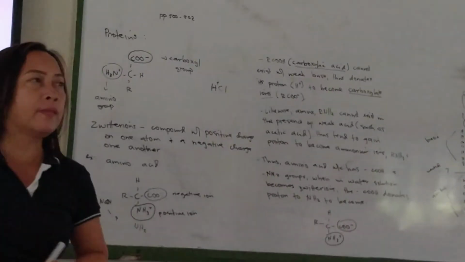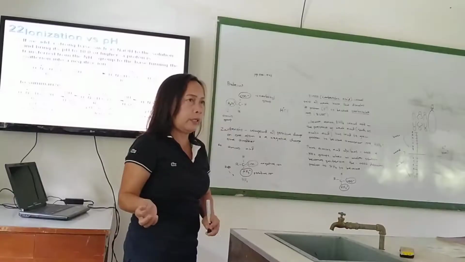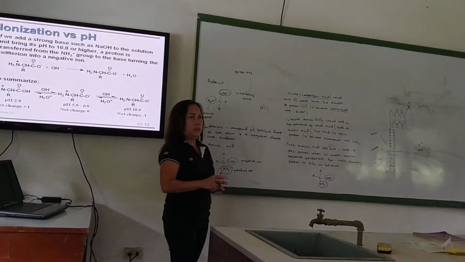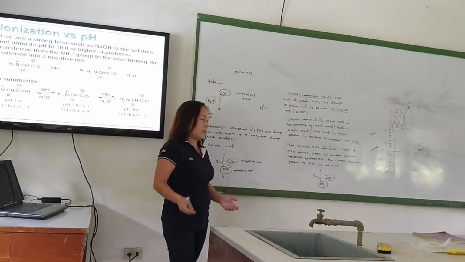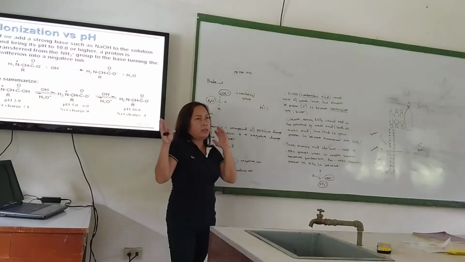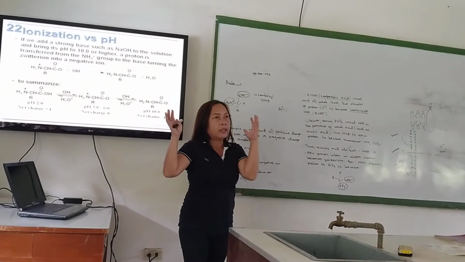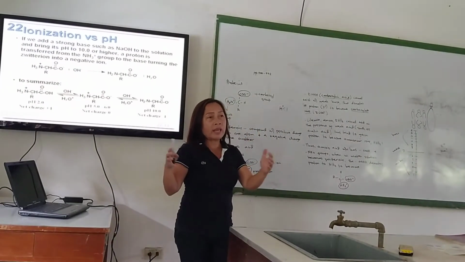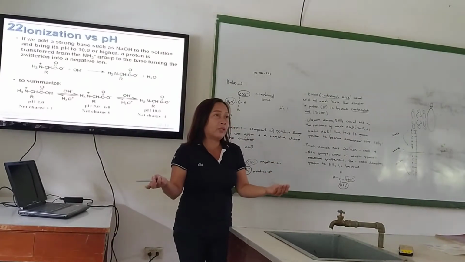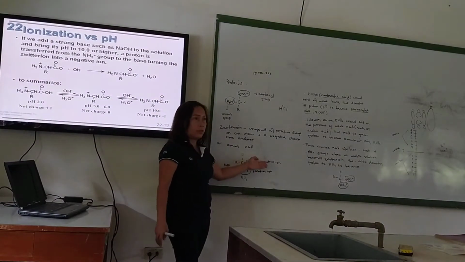Now, you can observe this when you have your laboratory, dealing with the properties of amino acids. Again, if you place an amino acid in water, its structure is in the form of a zwitterion. There is a positive charge and a negative charge.